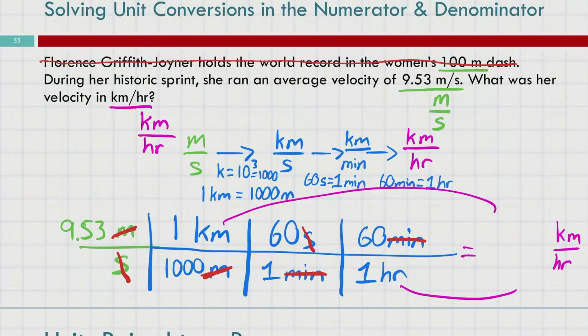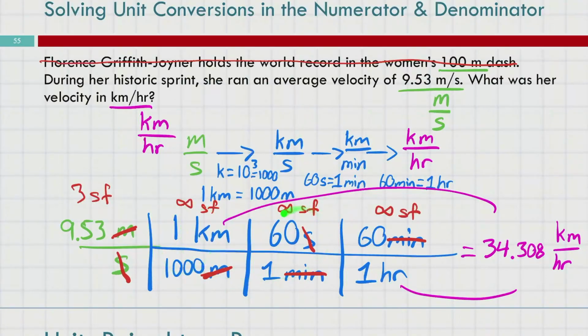Okay, so the number that we get out from our calculator, 34.308 kilometers per hour. For our sig figs, this one's sort of straightforward if you've identified the exact conversions.